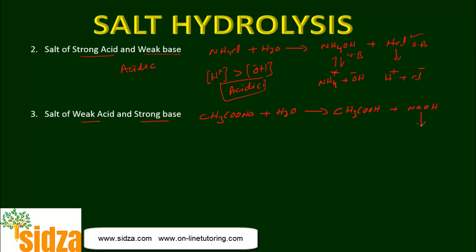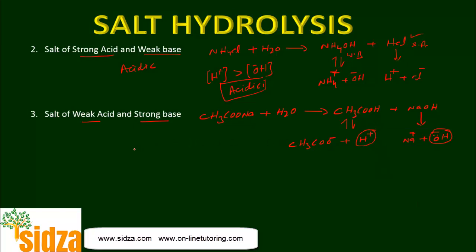Now you see that sodium hydroxide is a strong base, right? It will dissociate completely into Na plus and OH negative ions, and acetic acid is a weak acid and dissociates partially, so it will form the CH3COO negative, and there will be the H plus ions. And now you can see this H plus ion concentration, if you compare it with the hydroxide ion concentration, will be less, right?